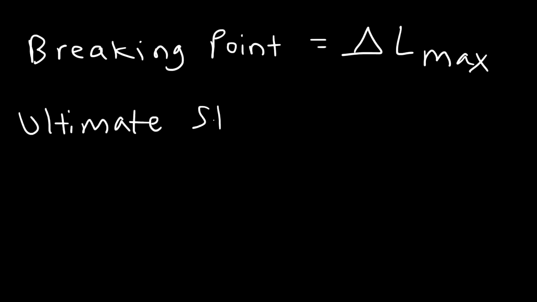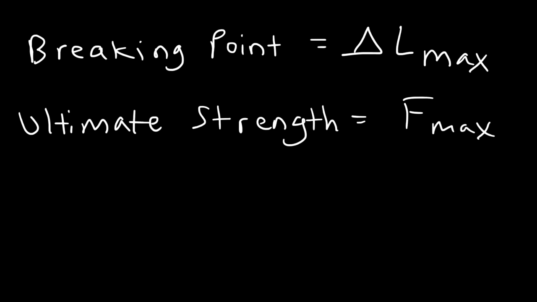The ultimate strength represents a force. It is the maximum force at which an object can remain intact without breaking. Once you exceed that ultimate strength, it's going to break into two parts.